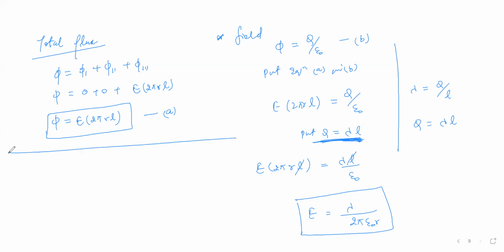And now for this equation, one point is remaining here. This is your equation: E is equal to lambda over 2 pi epsilon naught.